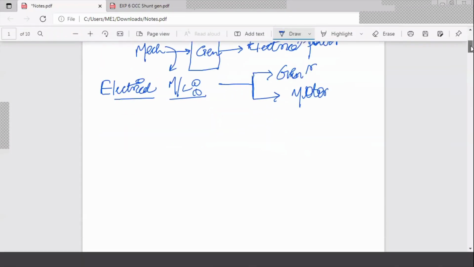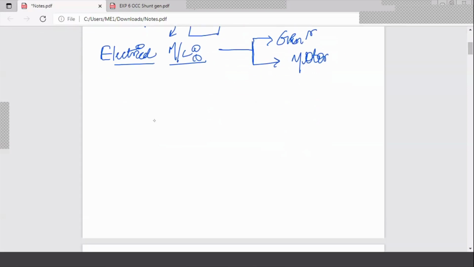You all remember the basic circuit for an electrical machine working as a generator or a motor. Let me quickly draw that and explain it so that you get a better understanding. This is the coil, and it is connected through carbon brushes. We have a carbon brush here.